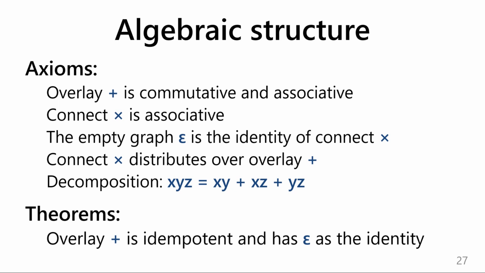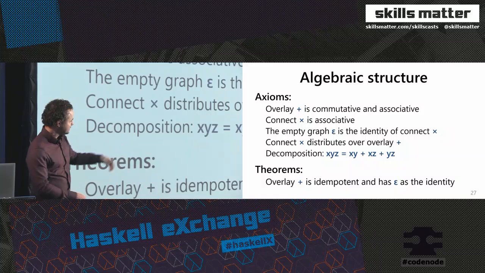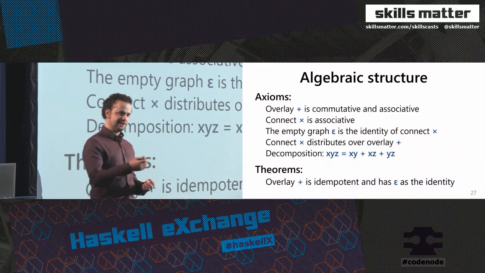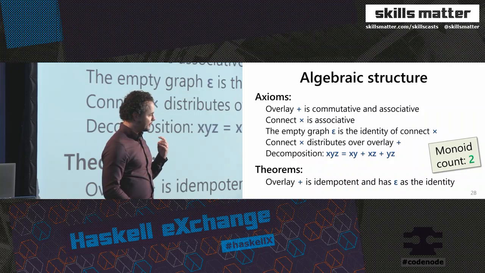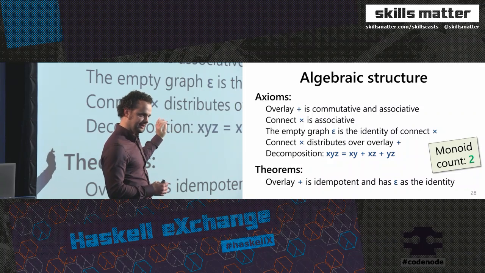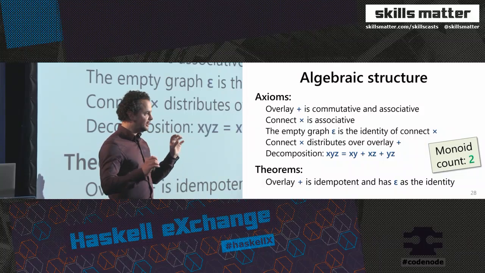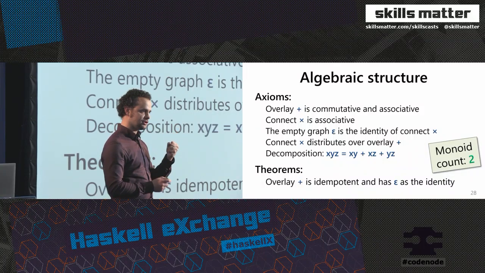One outcome is that the empty graph becomes the identity of the second operation, which is very strange. In fact, you can see it's a two-monoid structure. So we have two monoids here, plus and multiplication, just like in a semi-ring, but they are somehow differently linked together. They have a common identity, right?